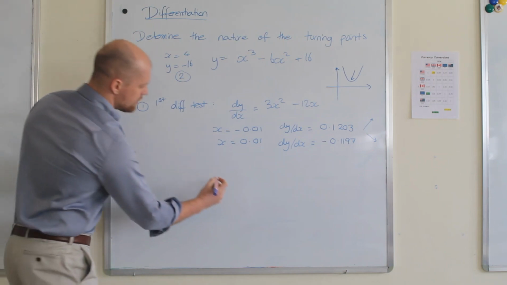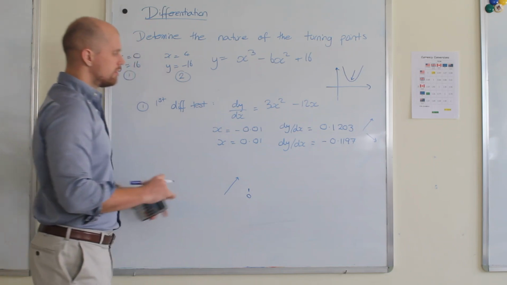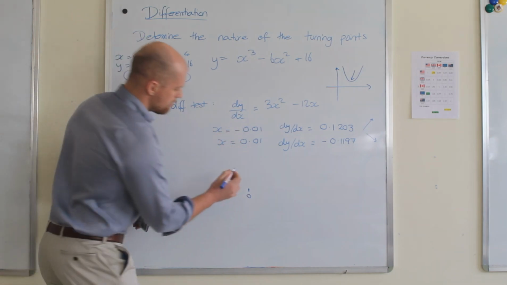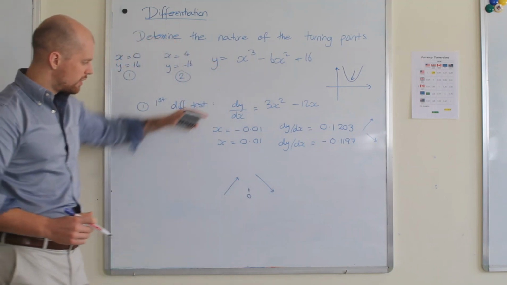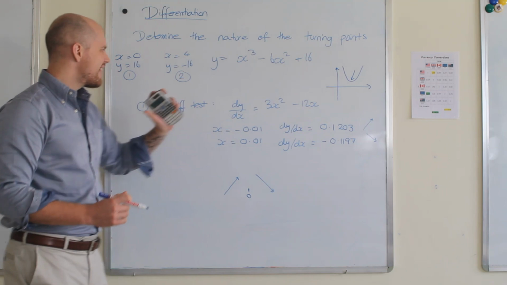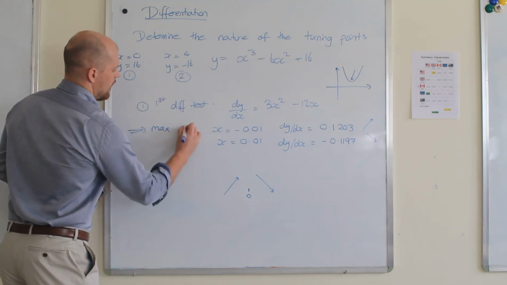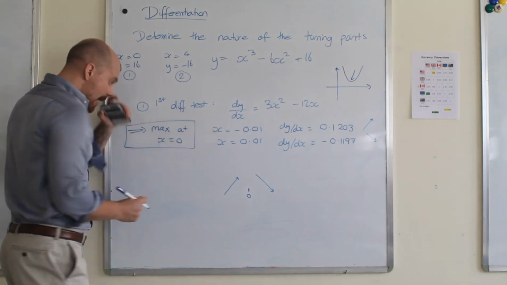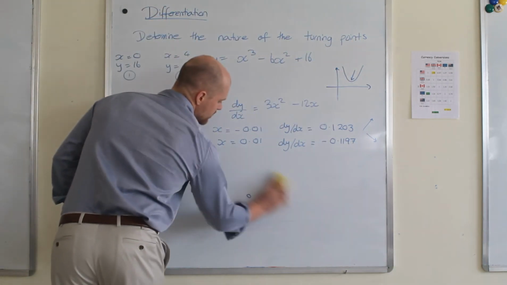A little bit to the left of the turning point at 0, it is coming up, and then a little bit to the right, it's going back down again. Therefore, the graph looks like that, and it is therefore a maximum at x equals 0. That's the first differential test.